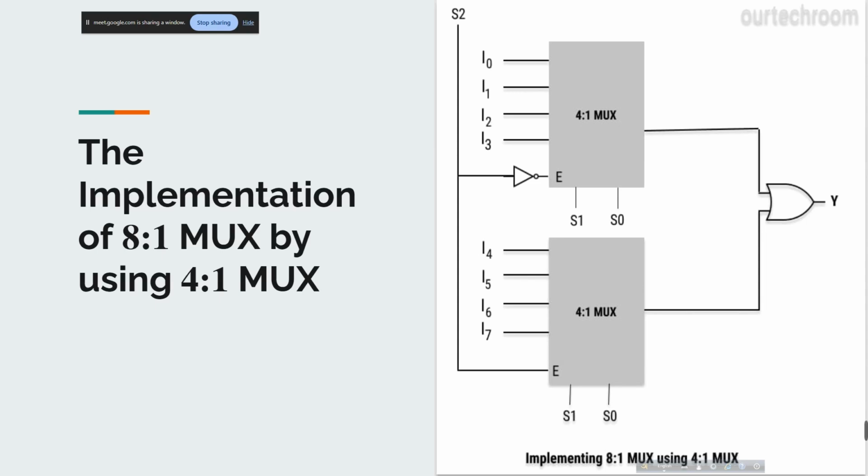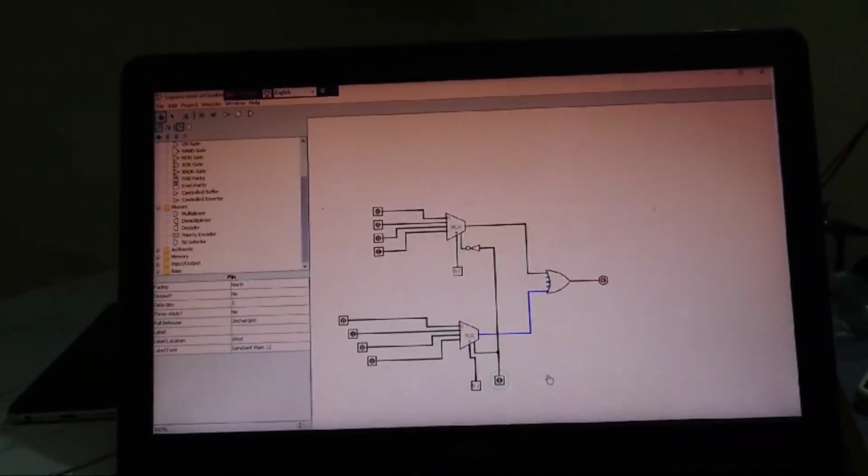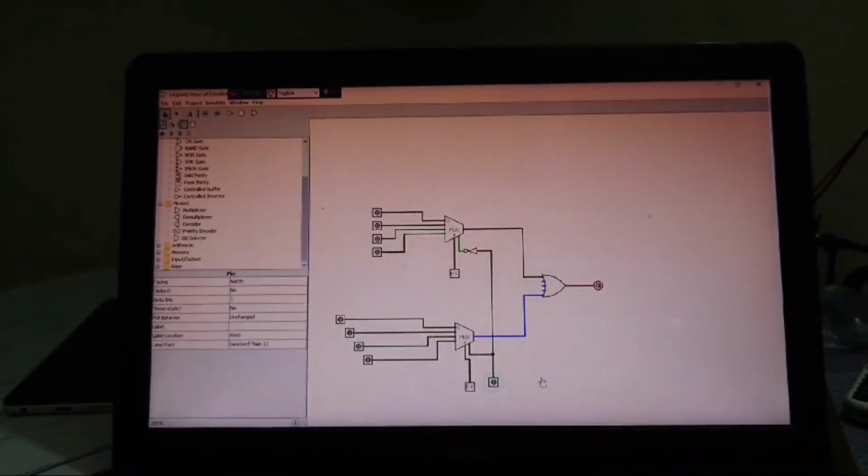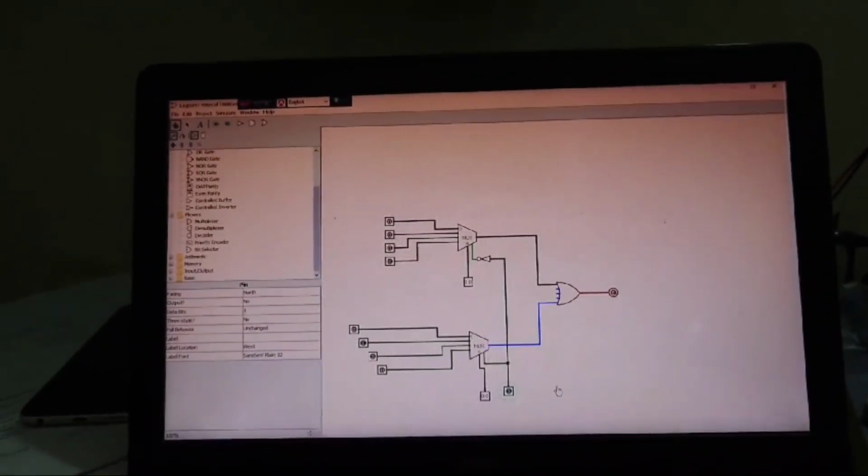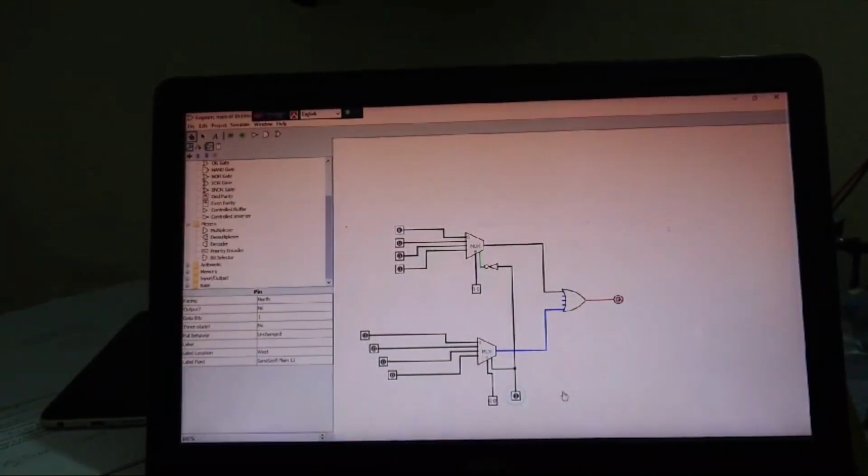That's why a NOT gate is connected to the selection line E. When we connect two 4 cross 1 MUX, there will be an 8 cross 1 MUX, and the output will be Y. The circuit diagram works as an 8 cross 1 multiplexer. So, finally, this is the implementation of the 8 cross 1 multiplexer by using two 4 cross 1 multiplexers.